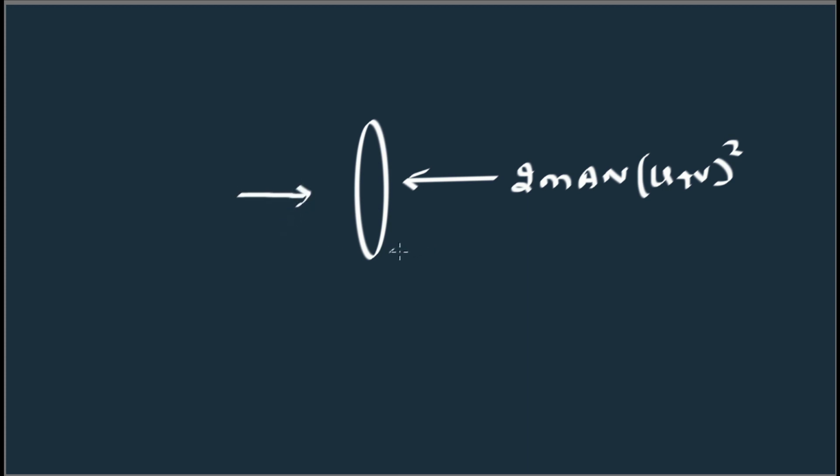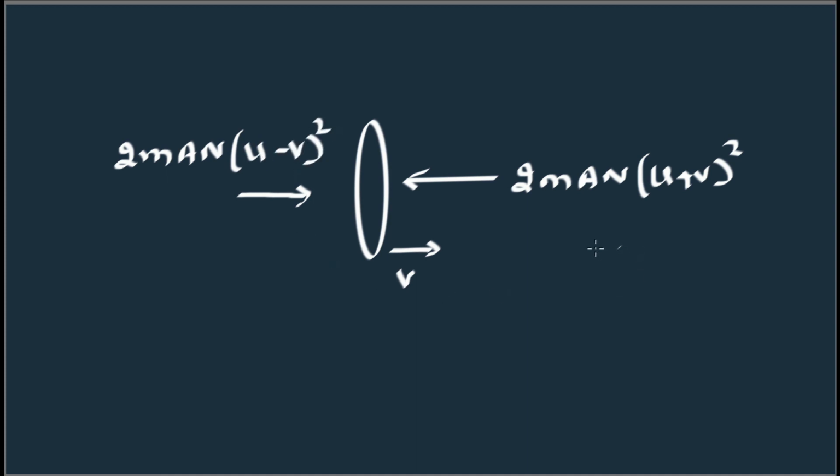We have our disk and there is a force from the right which is a resistive force, and that force is 2m a n (u plus v) the whole squared, and there is a force from the left in the same direction in which the disk is moving with the speed v, and this force is 2m a n (u minus v) the whole square.